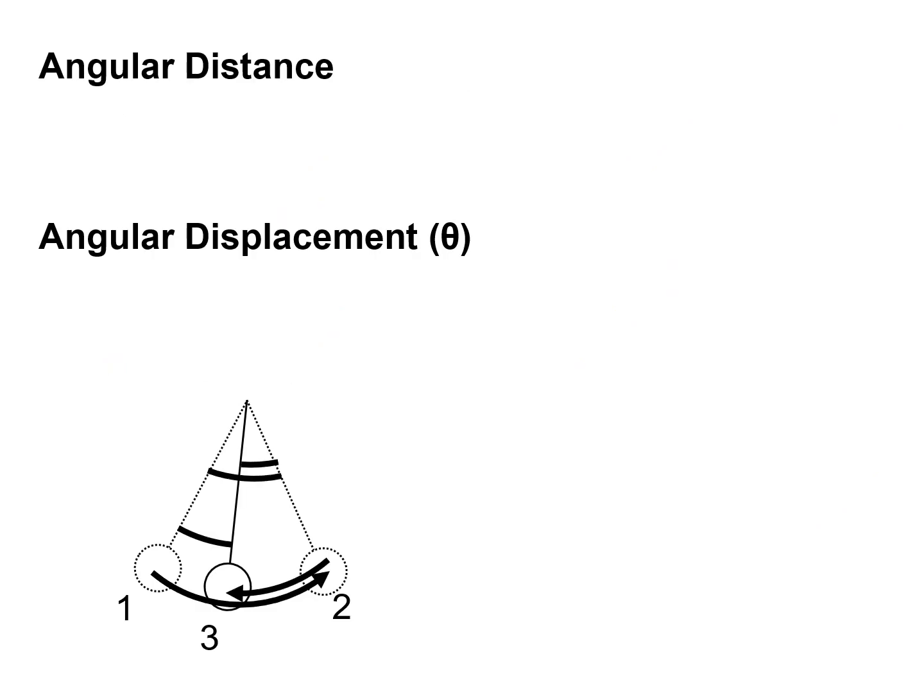So let's look at angular distance and displacement. Remember, with linear distance, we are following an entire path. But for displacement, we're just looking at a straight line from point 1 to point 2. It's not a perfect straight line, but you get the point. And remember that displacement is never greater than distance.